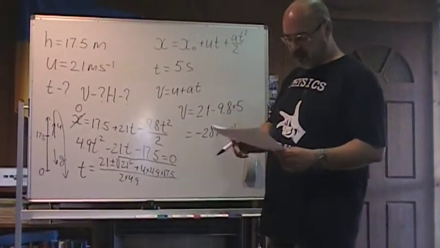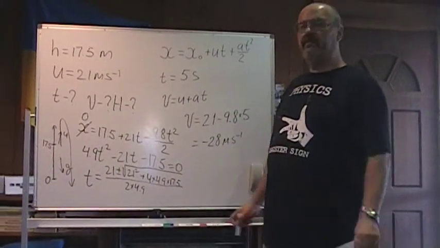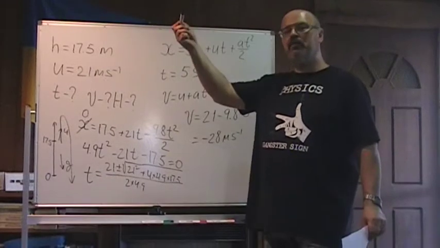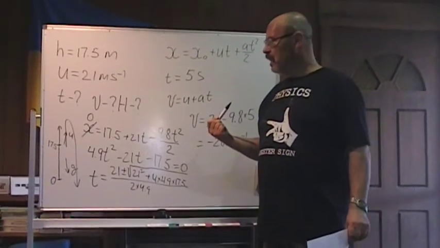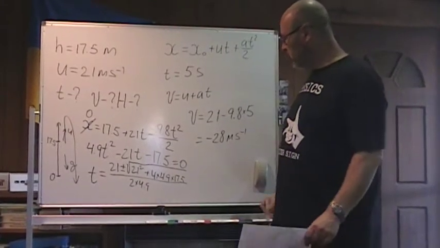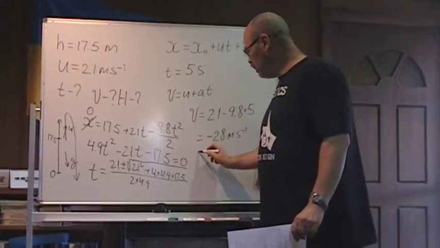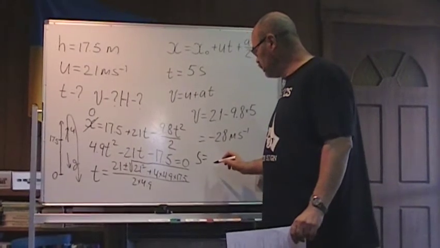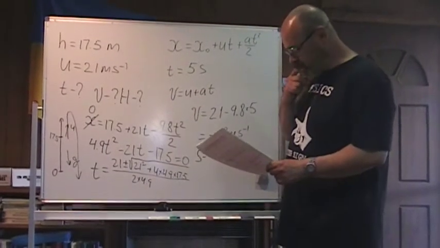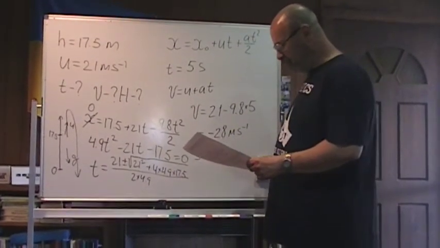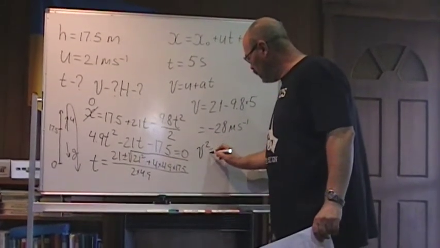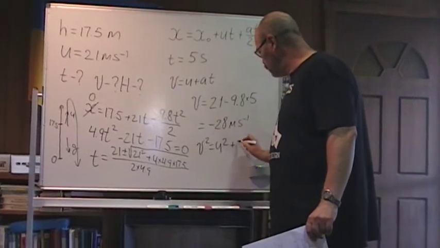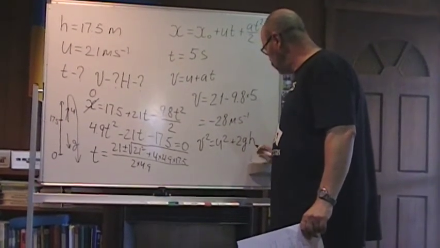And to find the maximum height, we can use the fact that at the highest point, the velocity of the stone is 0. The best is to use the formula V squared equals U squared plus 2GH.